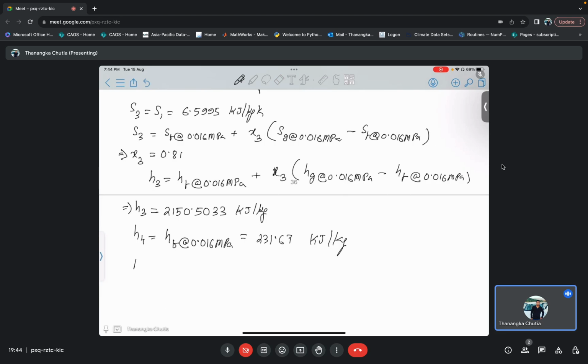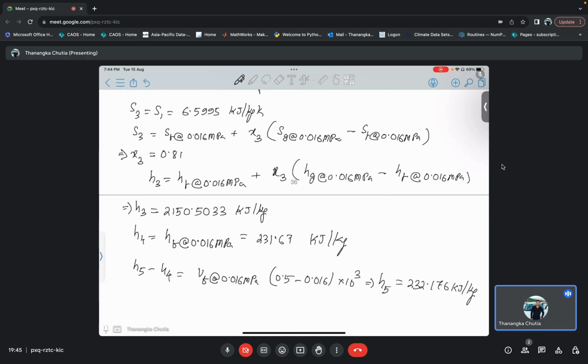Then similarly, h5 minus h4 will be equal to vf at 0.016 megapascal times 0.5 minus 0.016 into 10 to the power 3, and from here h5 is equal to 232.176 kilojoule per kg.